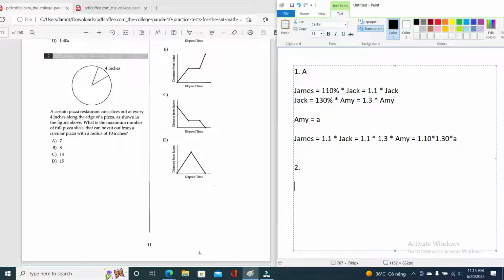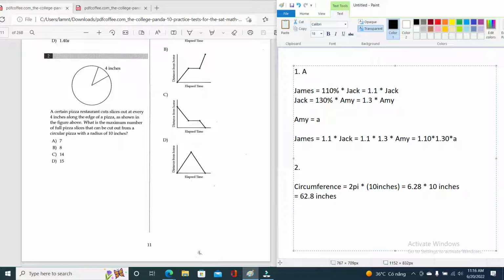Okay, so first of all we have to find the circumference. Because the radius is 10 inches, it's 2 pi times 10 inches. So that's 6.28 times 10 inches, so that's 62.8 inches.